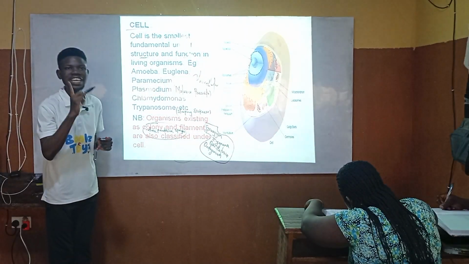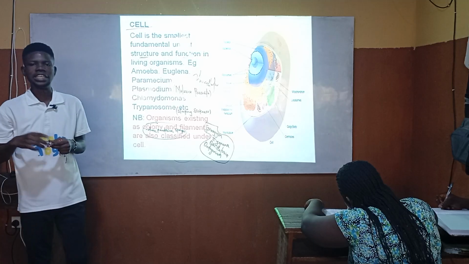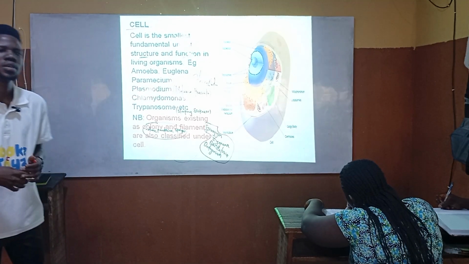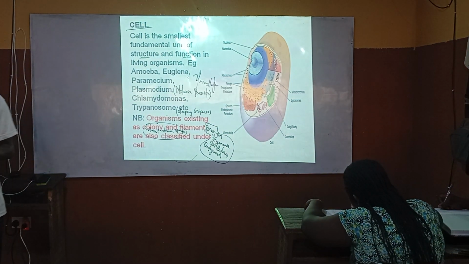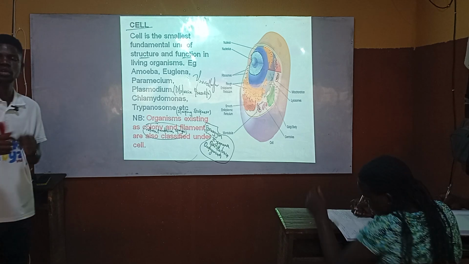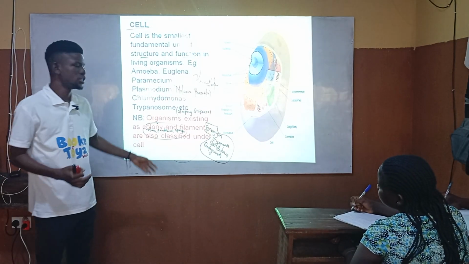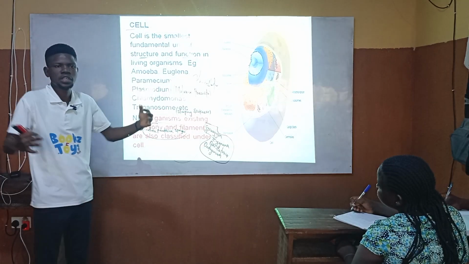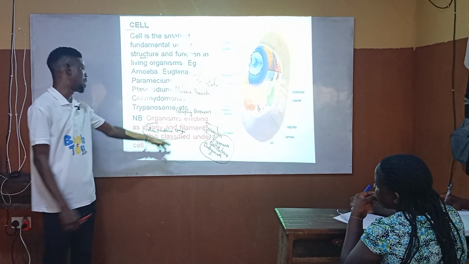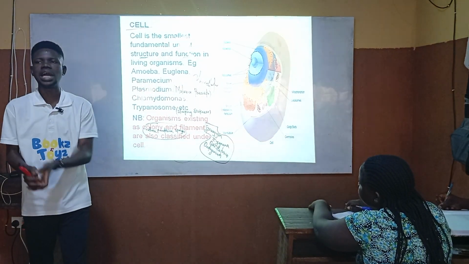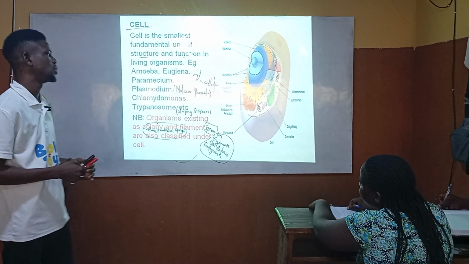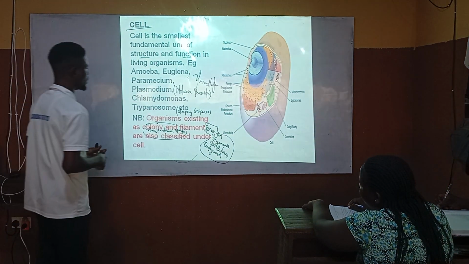Though they don't exist alone, individually they are cells. Are we clear about that? They exist together in an association. The first one as colony, they live together in a colony. The other one as filament, in an end-to-end arrangement. But each of them is considered as a cell.